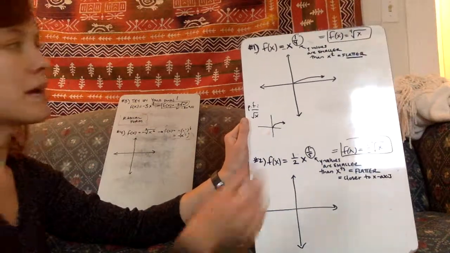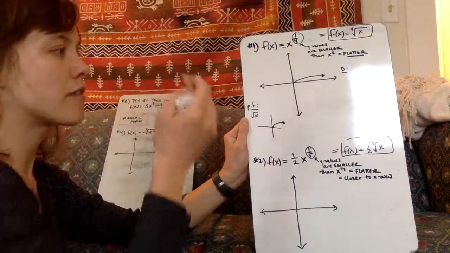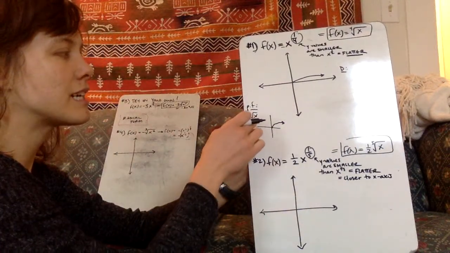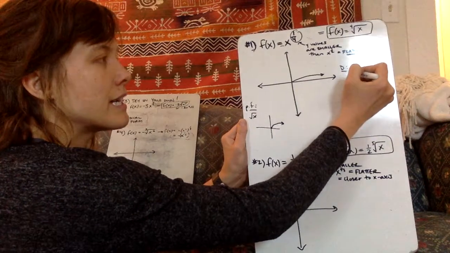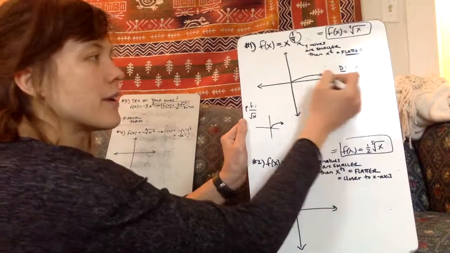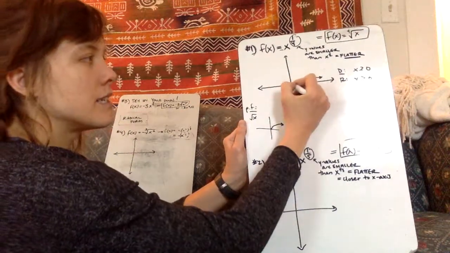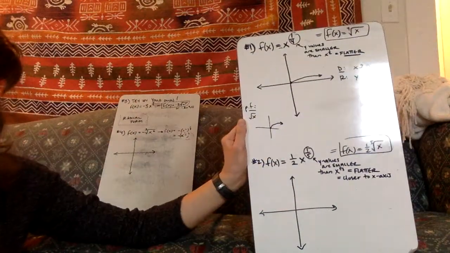And for my domain, because my domain values are the ones that are restricted here, x has to be greater than or equal to 0. My range, y is greater than or equal to 0.